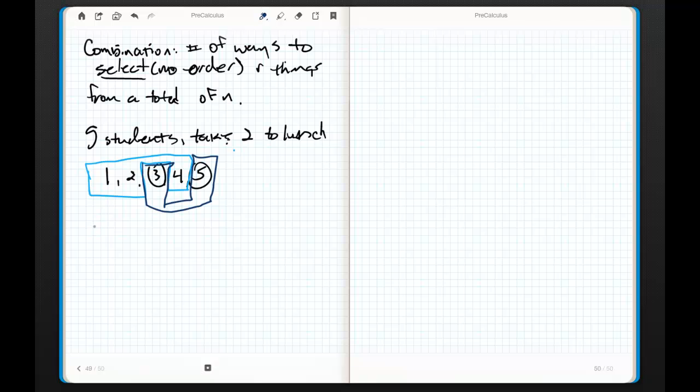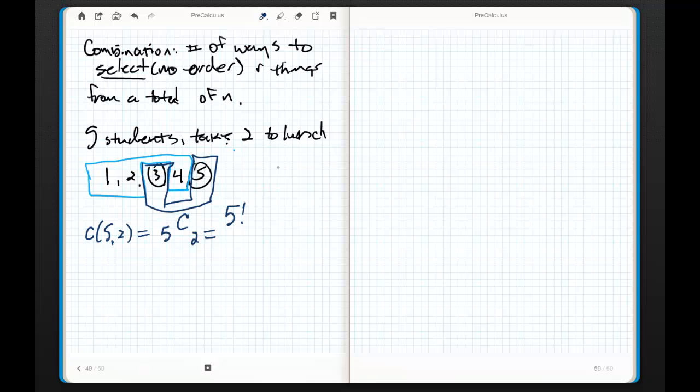First, I'm going to show you how to write it. We're going to do C, and this is your author's notation. You don't see this very often, and I certainly don't use it at all. This is the same thing as 5C2. All right, now, here we go. Same thing as before. I take 5 factorial. That is the number of ways to organize 5 people.